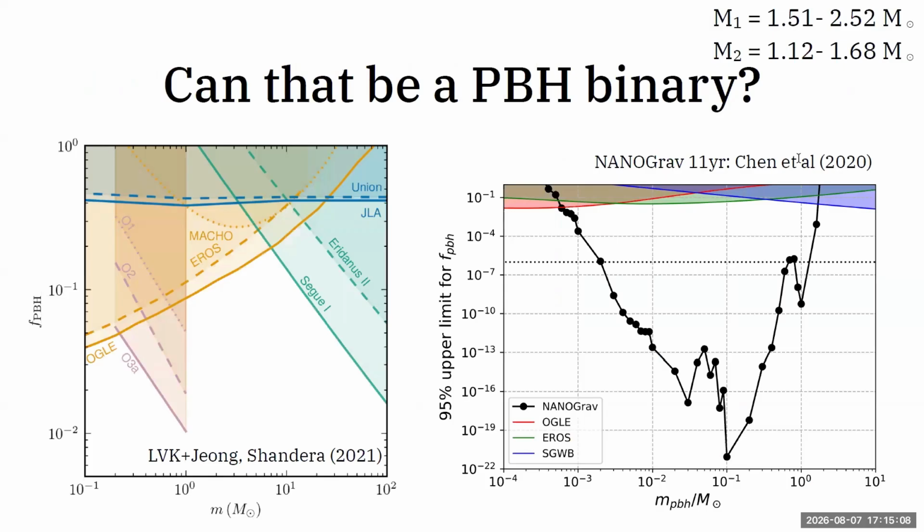And can they be a primordial black hole binary? That's my favorite slide. Because a primordial black hole can have any mass, right? But if you are to create a primordial black hole of that mass range, you must have a large primordial curvature perturbation on that scale, right? That large primordial curvature perturbation will generate induced gravitational waves.